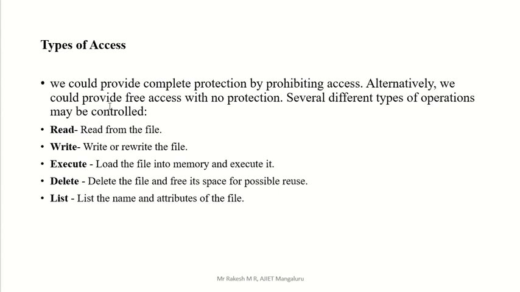Alternatively, we could provide free access with no protection. Two methods are there. Type of access means either we can give complete protection for that particular file by prohibiting access, that means we can avoid all access by other persons.